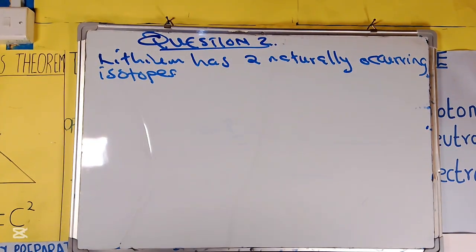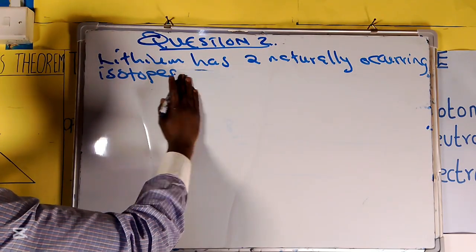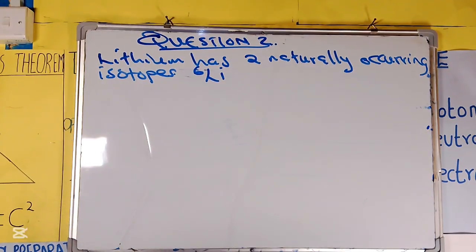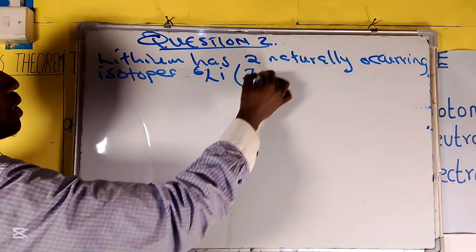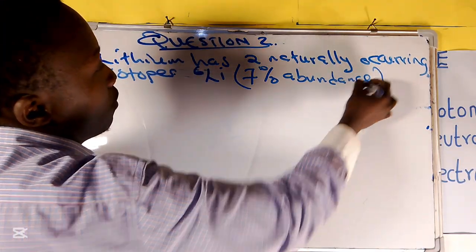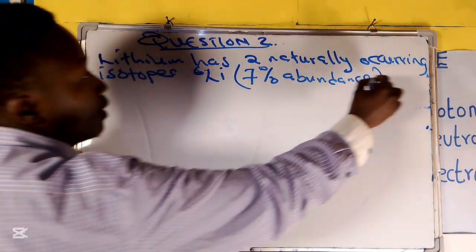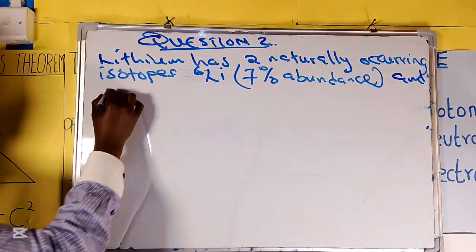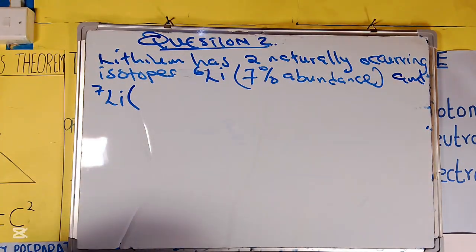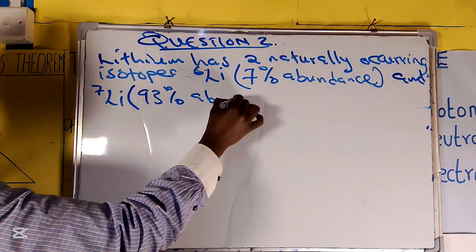We have lithium 6, with a percentage abundance of 7%, and lithium 7 with a percentage abundance of 93%.